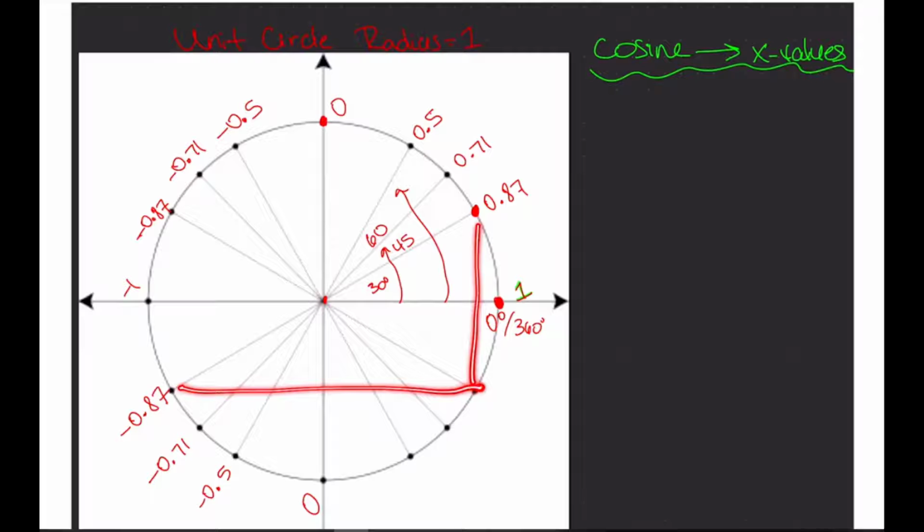Couldn't you just keep it going? Yeah, you can. So what's this one going to be? 0.5. Yep, 0.5. The one in the middle is going to be? 0.7. Yep. And then we have 0.87. Not too shabby.